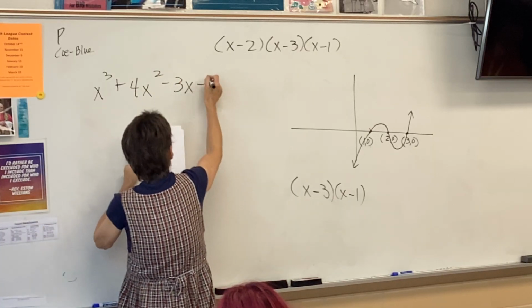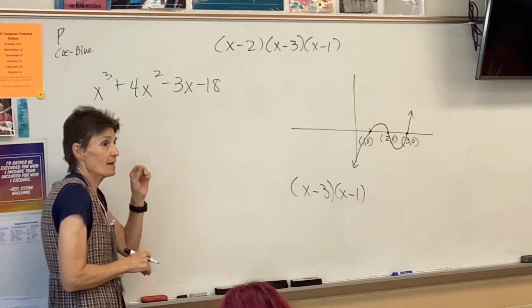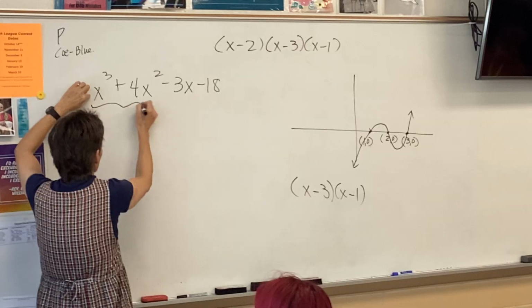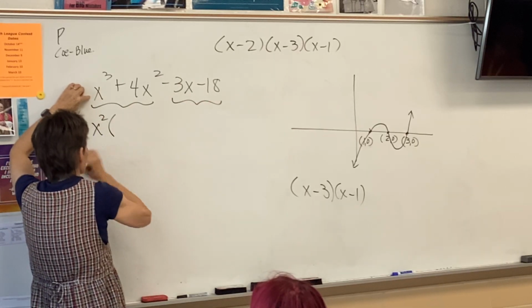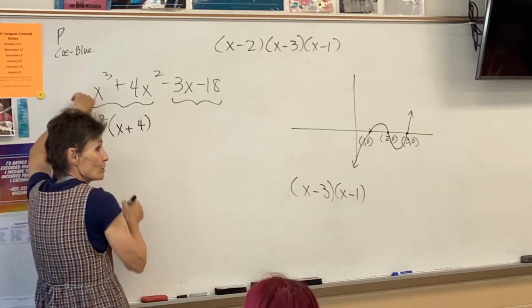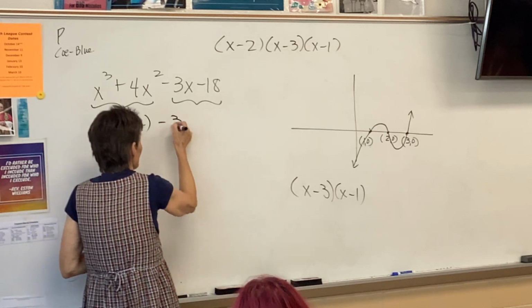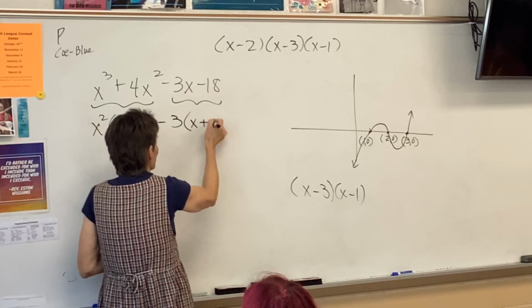This one, I remember from years past, has sometimes caused us to ask some questions. Because kids will say, hey, I can group this. I can take out an x squared and have x plus 4. That is true. I can take out a negative 3 and have x plus 6.